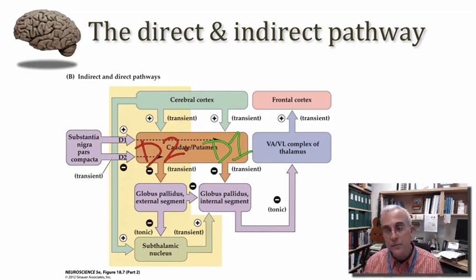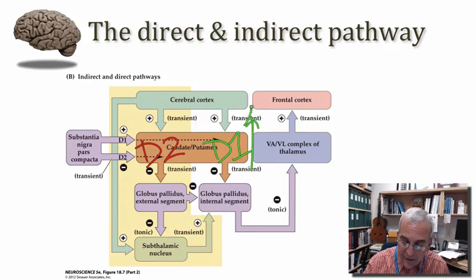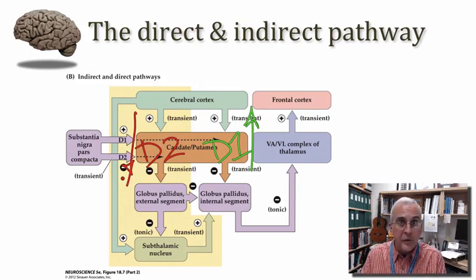So when dopamine is released in the striatum, here's what happens. The activity of the direct pathway striatal neurons goes up, and the activity of the indirect pathway striatal neurons goes down. And when we activate the striatal neurons of the direct pathway, movement is facilitated.